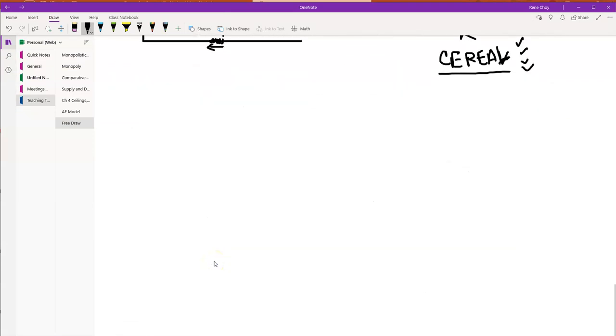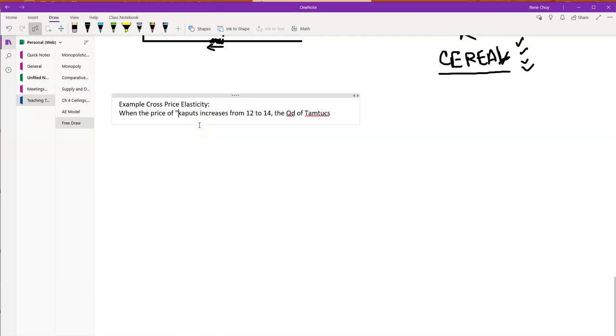All right, let's come up with an example for that. Let's say when the price of kaputs increases from, let's say, 12 to 14, the quantity demanded of tools, and again, these are two made-up products, increases from, let's call it, 1,000 units to 1,700 units.